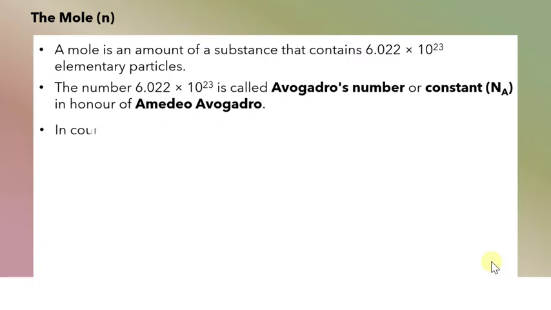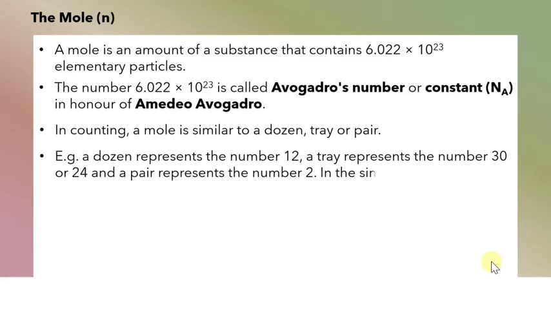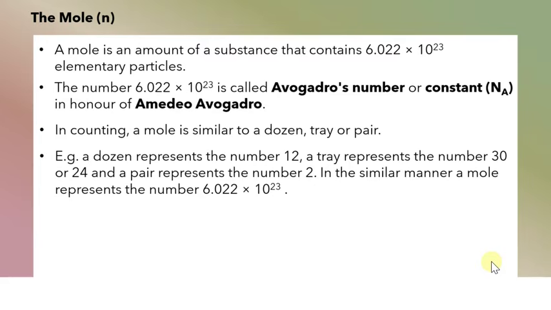So in counting, a mole is similar to a dozen or tray or pair. Okay, we know, for instance, a dozen represents the number 12, a tray represents the number 30 or 24, and a pair represents the number 2.